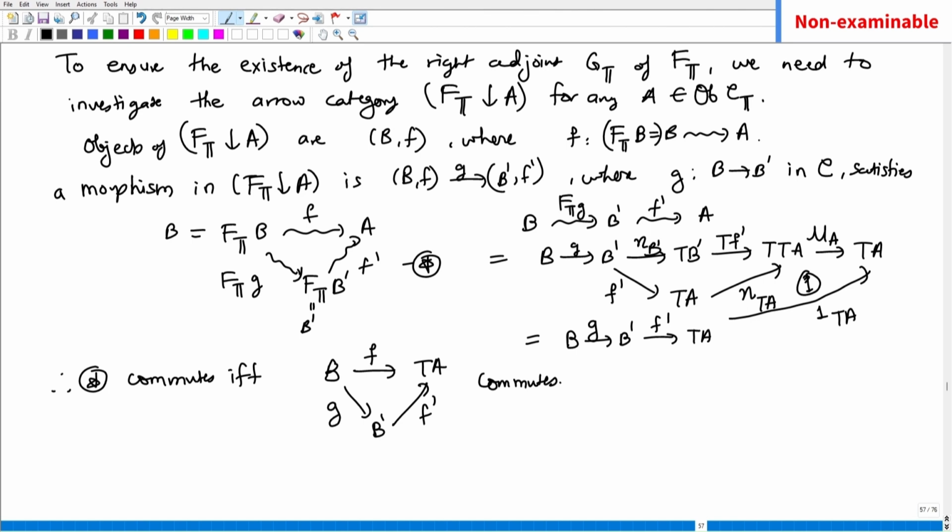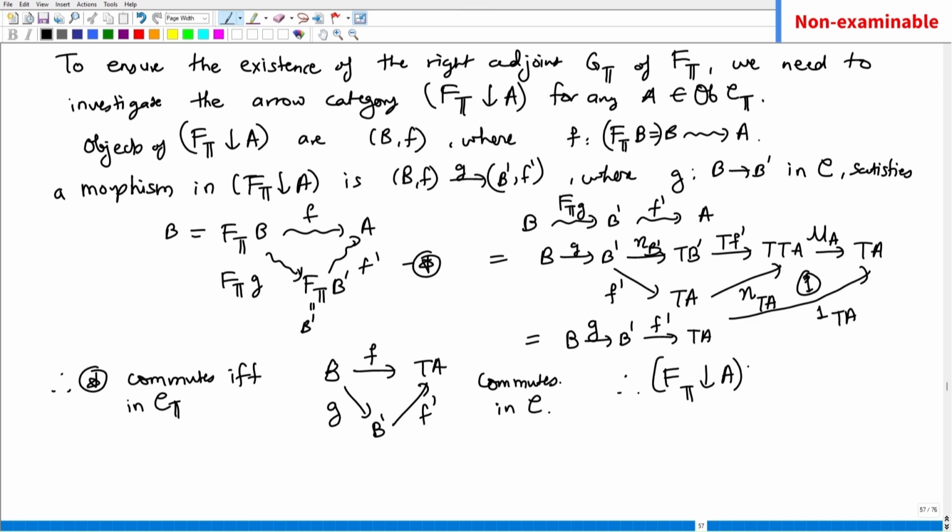Okay, so this wiggly diagram in CT commutes if and only if this commutes in C. So therefore, what did we conclude? The most important thing that we observe, yes, we can say that.